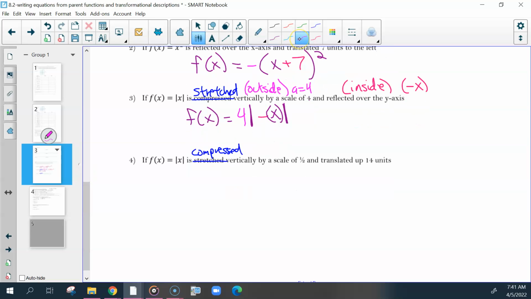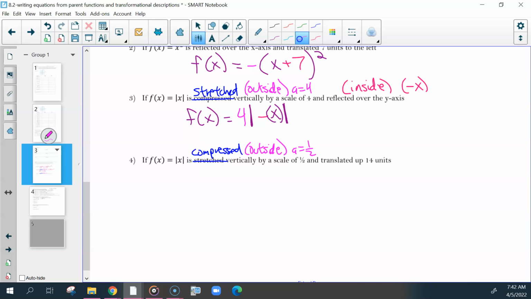And this last one, it's compressed vertically by a scale of 1/2. So again, vertically is going to be outside. And it tells us what our scale factor is. So our A value is going to be 1/2. Translated up 14 units.